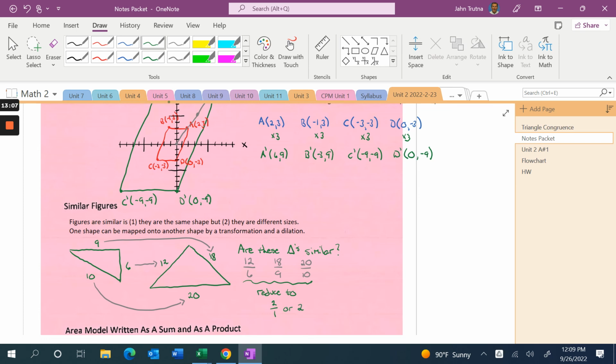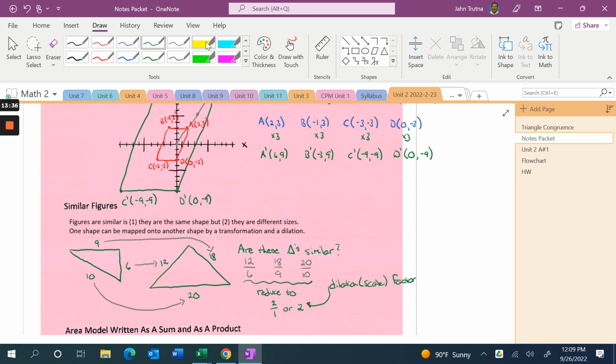Okay, so what that tells me is that these shapes are similar, and the reason why they're similar is because they can be mapped onto each other, and this 2 is what we call the dilation or the scale factor. Okay, so sometimes the book uses the word dilation factor, sometimes the book uses the word scale factor, but the scale factor would be 2.